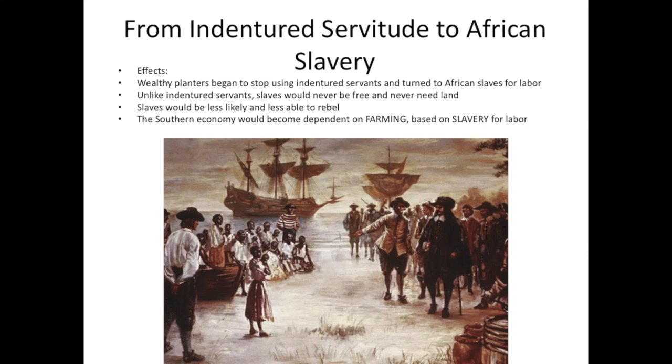Eventually, cotton will be the big cash crop. And the labor source will eventually no longer be indentured servants. It'll be African slaves. So let me just read it to you for emphasis, the last bullet. The Southern economy would become dependent on farming based on slavery for labor.